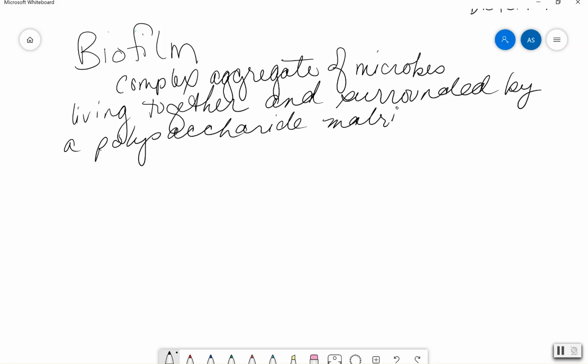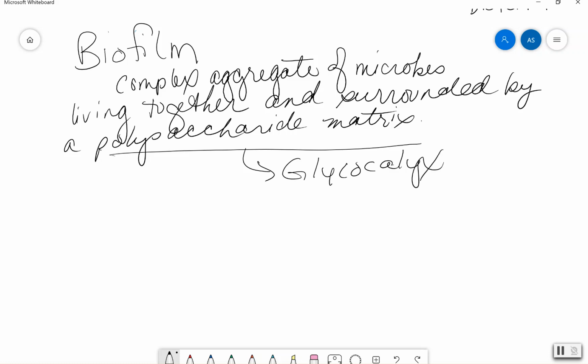Now, it is important to note that this polysaccharide matrix is the same stuff that the glycocalyx is made out of. It's the same polysaccharide. But instead of surrounding only a single cell, the matrix surrounds the community.